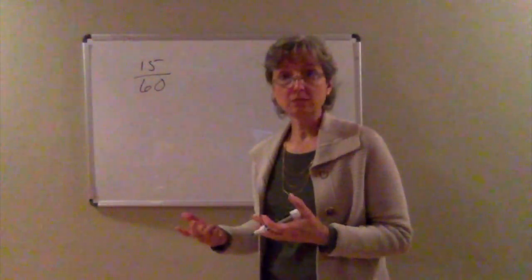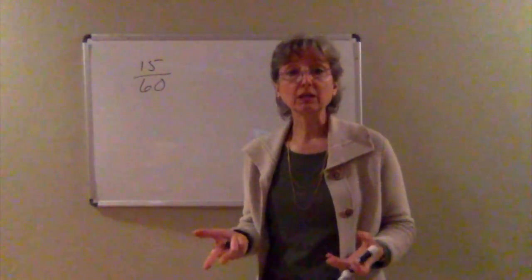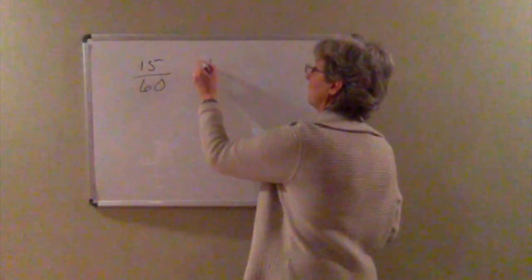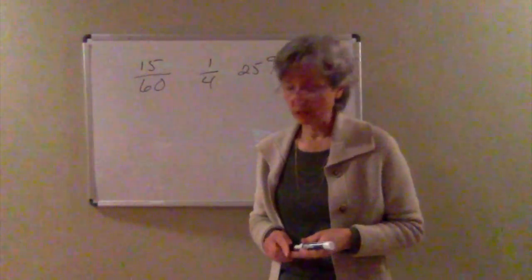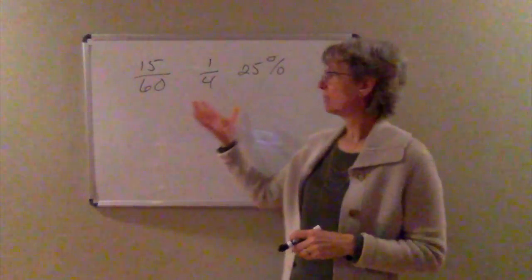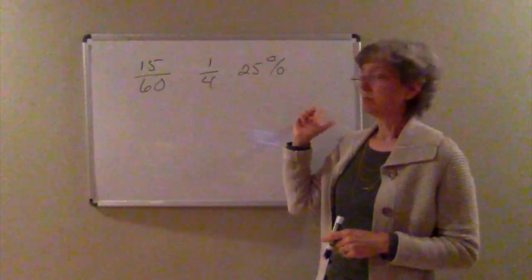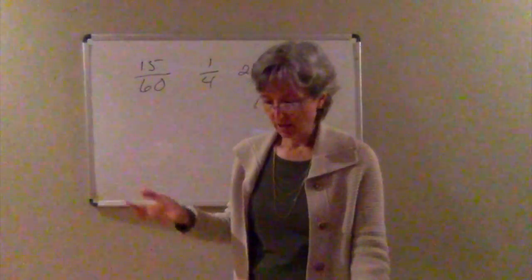So based on that experimental probability, the probability of a car at random being a pickup truck is 15 out of 60, or 1 out of 4, or 25%, or 0.25. You can do probability as fractions, as percents, or as decimals. That's what experimental probability means.